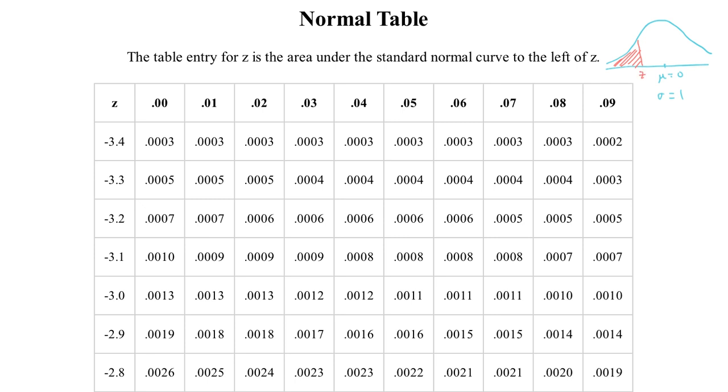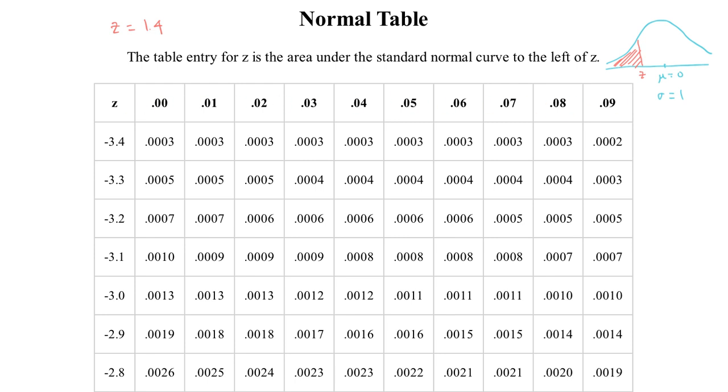The z-score in the problem that we just did, we found that the z-score is 1.4. From the table, the z-score is read from the first column and the first row. The z-score usually consists of 2 decimal places. Notice that the first column gives us the first decimal and the first row gives us the second decimal.